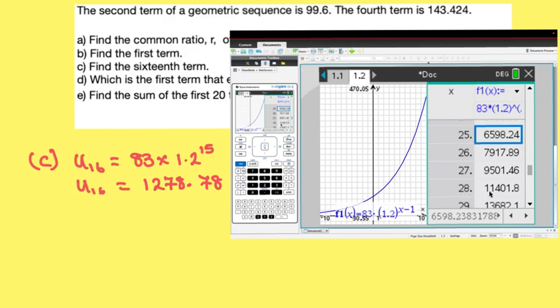The 28th term is 11,401.8, and then say, therefore, the first term to exceed 10,000 is the 28th term. So D is 28.